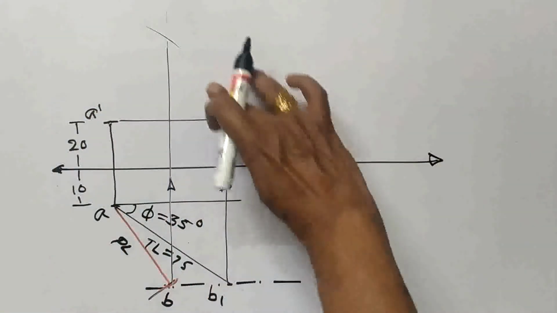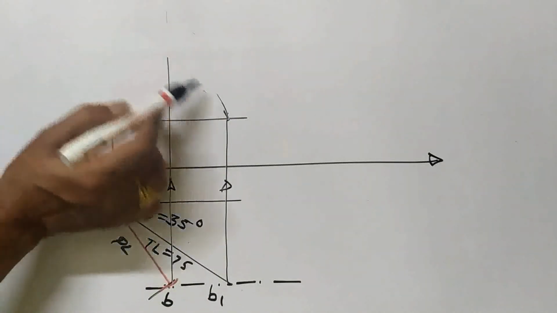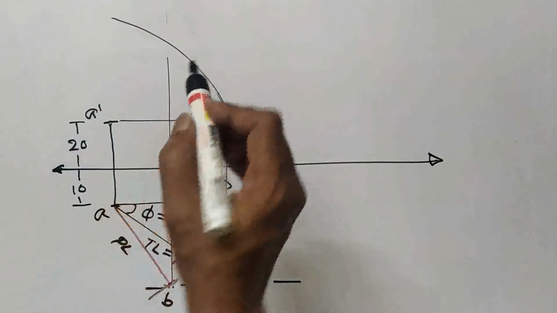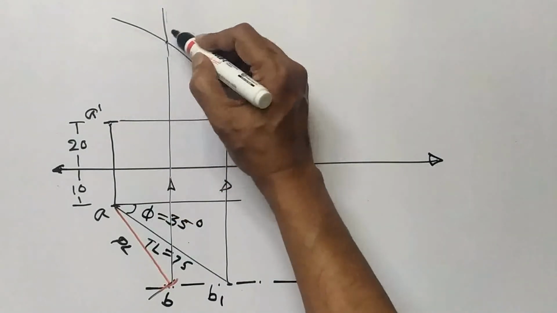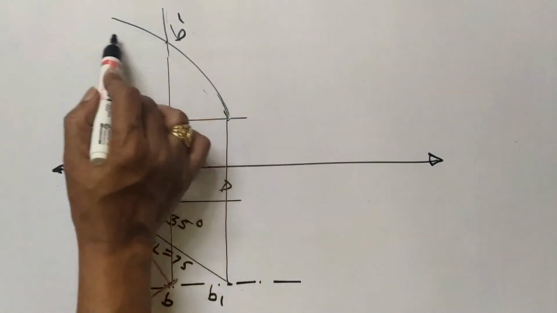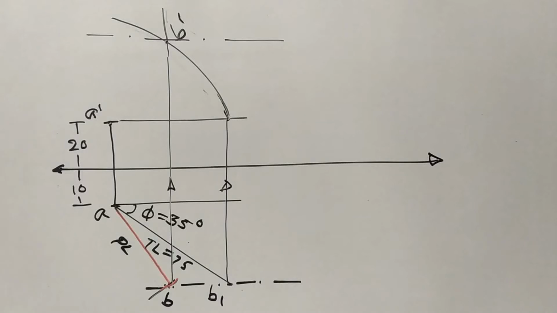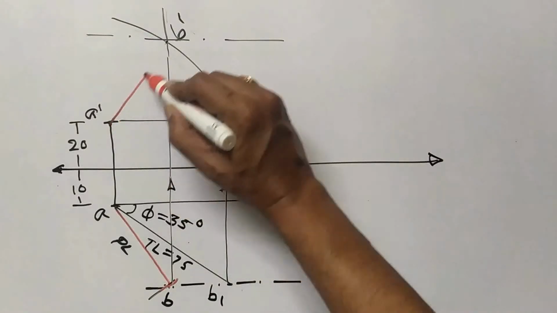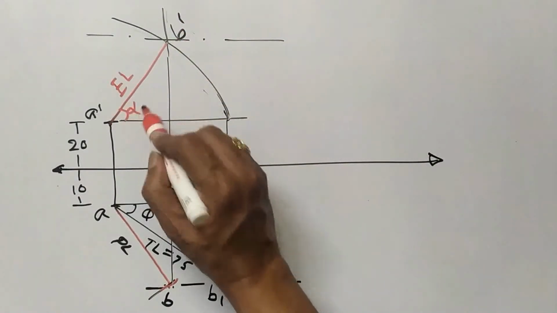It cut here. Okay, so it cut on this projector line. So I will mark this B dash, and immediately I will draw a locus from this B dash, and now I will join this A dash B dash. So I will get elevation length. So this is my elevation length and this is my alpha angle.